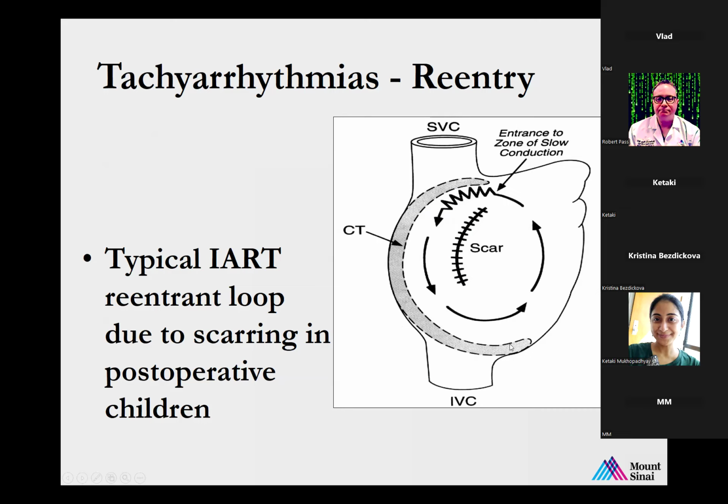All these areas can be essentially areas of conduction block, and if there is enough difference in refractoriness around these areas, if the tissues of the atrium have differences in their effective refractory periods, then basically any PAC, if it's timed at the wrong point, can take advantage of that and allow for reentry. So basically, it's not only from scars, it can also be from naturally occurring anatomical block.